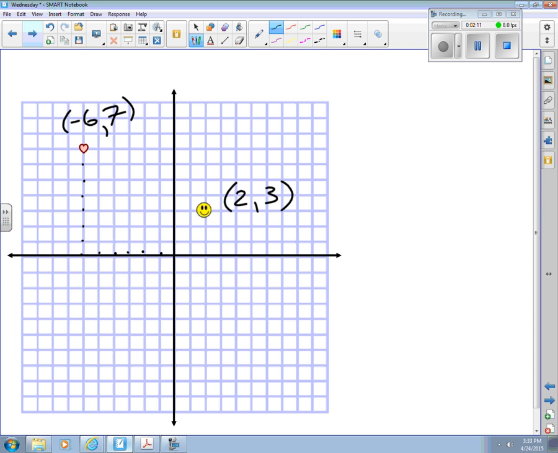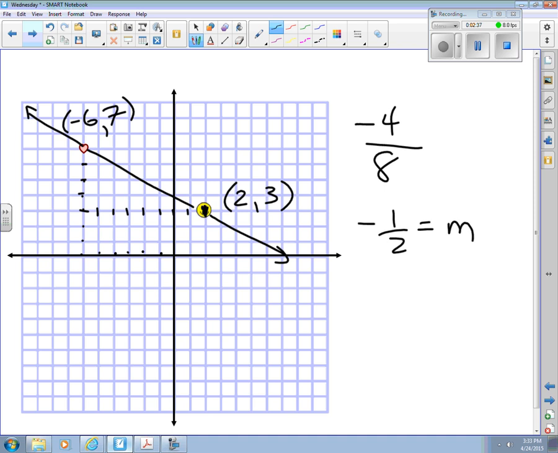If I want to know the slope of the line that passes through these 2 points, I can count it directly. Its rise is negative 1, negative 2, negative 3, negative 4, so negative 4. And its run is positive 1, 2, 3, 4, 5, 6, 7, 8. So that simplifies to a slope of negative 1/2.